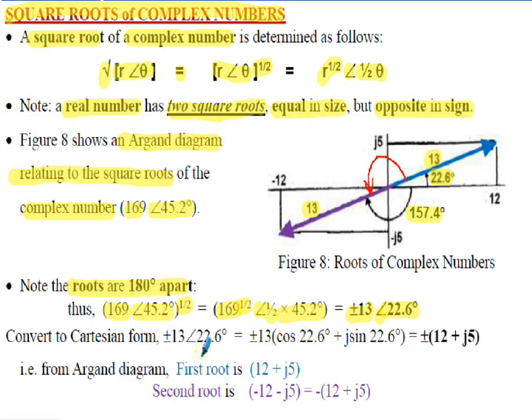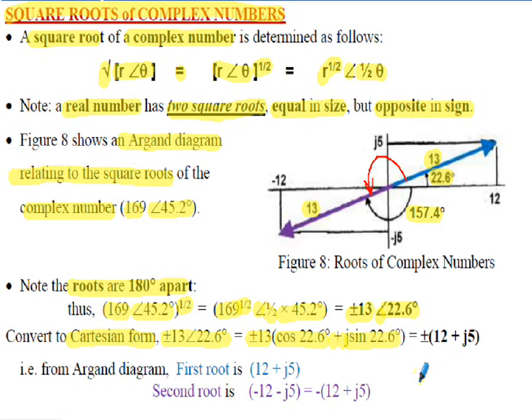If we now want to convert the roots in polar form to Cartesian form, we undertake the following process. Given positive and negative 13 angle 22.6 degrees, using the conversion from a previous presentation, we write that as positive and negative 13 in brackets cos of 22.6 degrees plus j sine of 22.6 degrees.